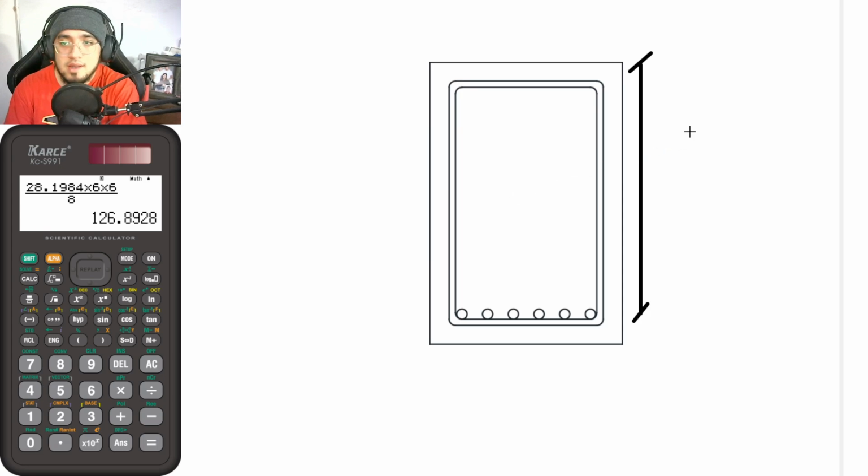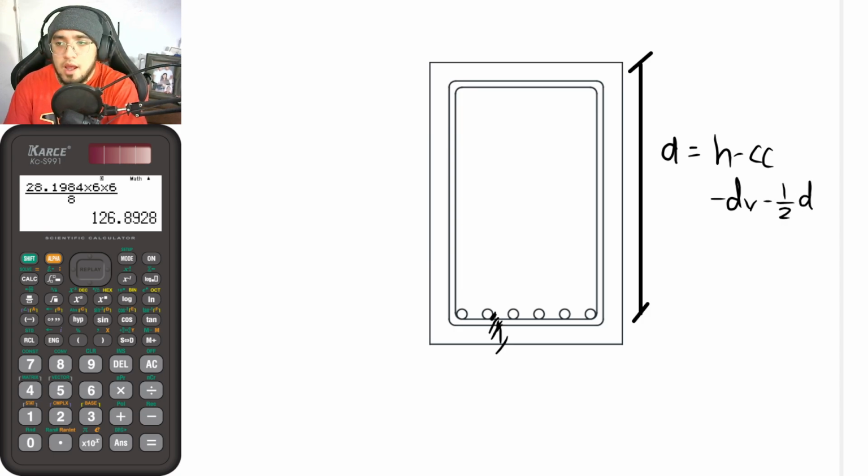So meaning, guys, that this is now our D. So for the value of D, this is now equal to the total depth, which is the whole of this, minus the concrete cover, minus the diameter of the stirrups, minus 1/2 of the diameter of the bar.